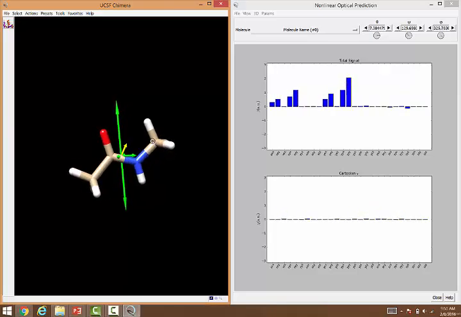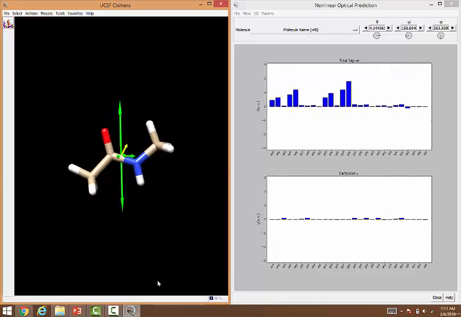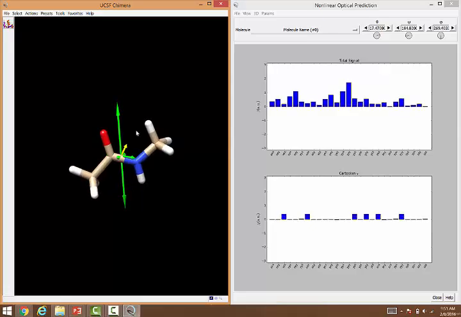And if we choose a reference frame like this, so to give yourself a sense of reference frames, the horizontal axis is the x-axis, the vertical axis is the y-axis, and coming in and out of the page is the z-axis. We can describe this particular molecule in any reference frame just by moving it around. And so if we look at one that has the coordinate system such as shown here, what do we expect?